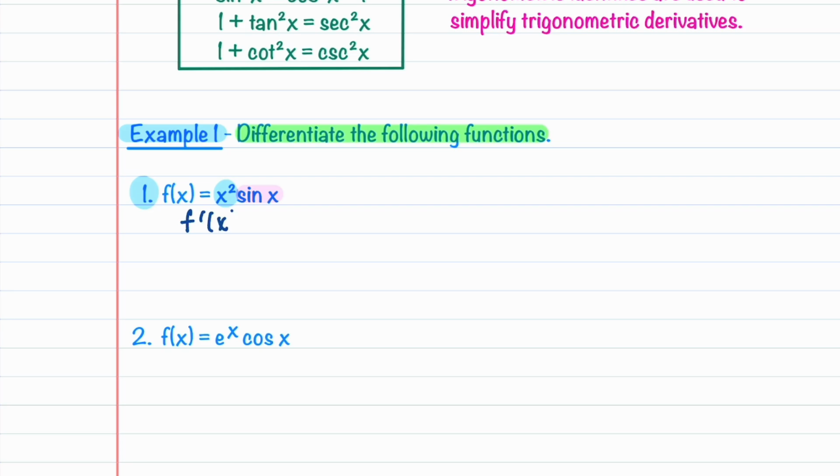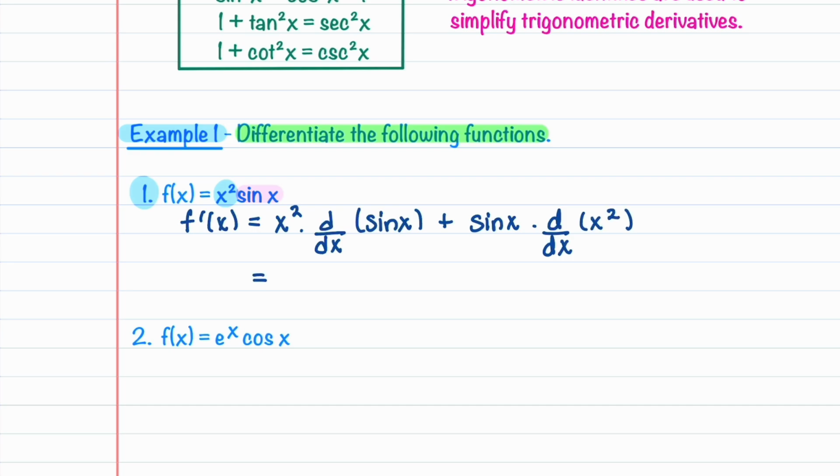F prime of x is the first term, x², times the derivative with respect to x of our second term, sine x, plus our second term, sine x, times the derivative with respect to x of our first term, which is x². Now we get that our derivative is x², the derivative of sine x is cosine x, and then we have sine x times the derivative of x², which is 2x.